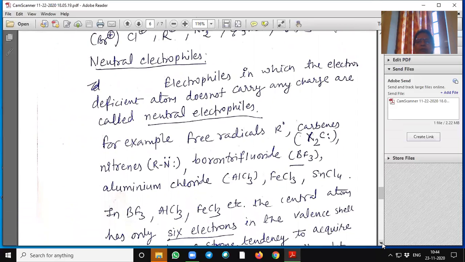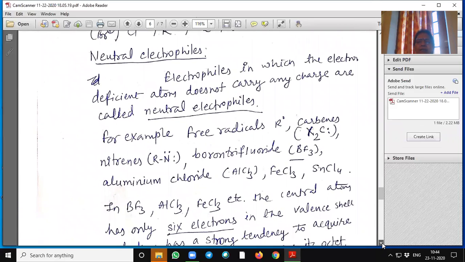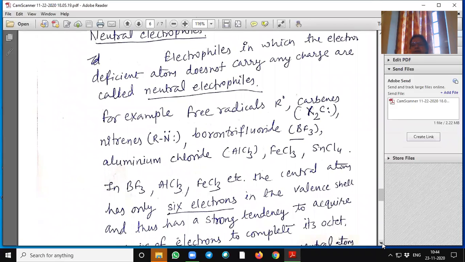For example, free radicals, carbenes, nitrenes, alkyl radical, boron trifluoride, aluminum chloride, FeCl3, SiCl4.